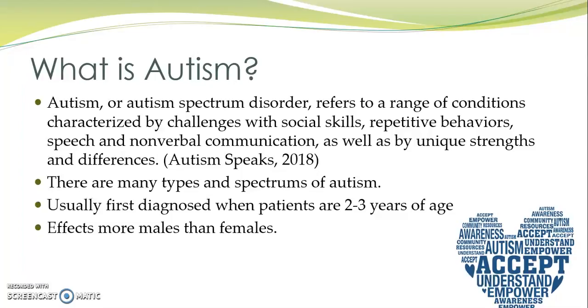Usually, patients that are autistic will be diagnosed when they're around 2 to 3 years of age. This is just because around this age is when you'll start noticing things such as verbal and nonverbal communication. There are some things that can start when they're younger. Some of those signs and symptoms would be when they're around 1 year old.